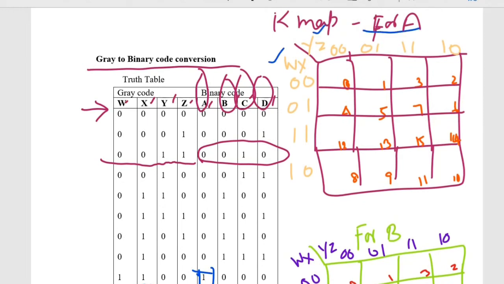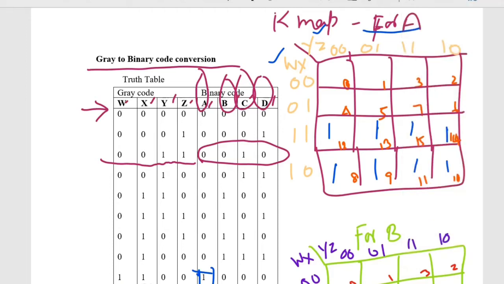W, X, Y, Z are the inputs. Now make a grouping.